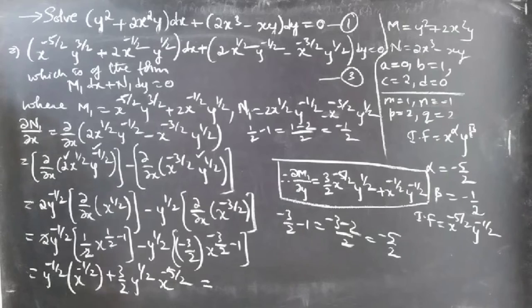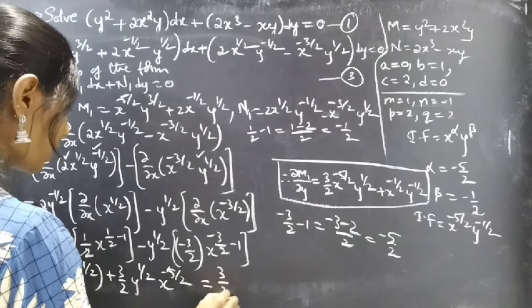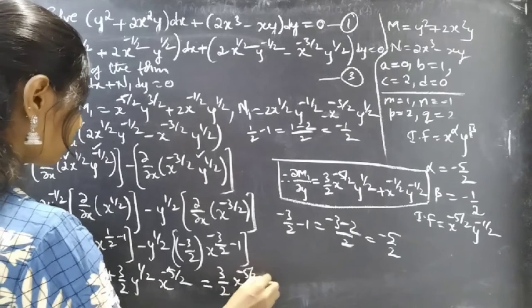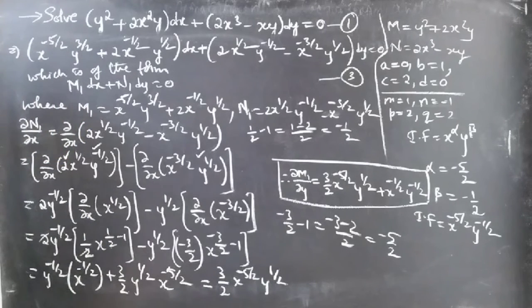Or we can write this as 3/2 x^(-5/2) y^(1/2) plus x^(-1/2) y^(-1/2).